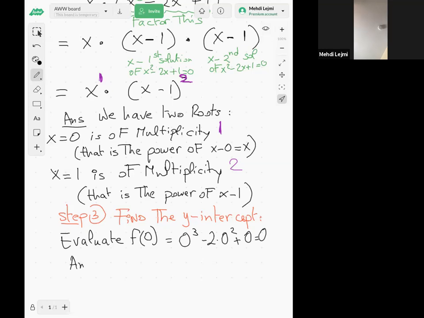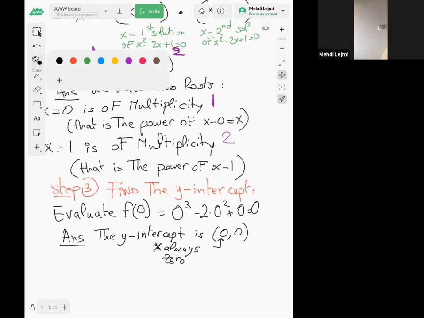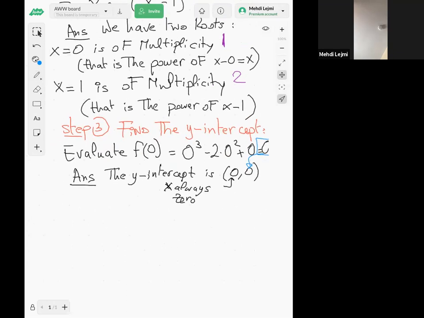So f of 0 is 0. So the y-intercept is 0, 0. The first 0 here is always 0 in the y-intercept, x is always 0. But the second 0 is because we got 0 as our answer here. But 0 is also our root, right? So now I can sketch the graph of f of x.